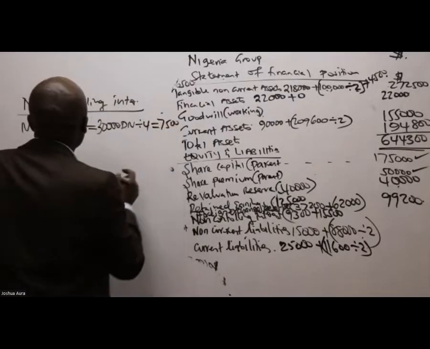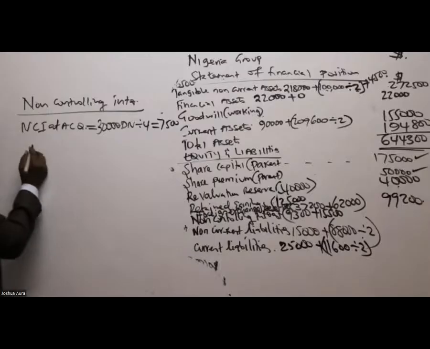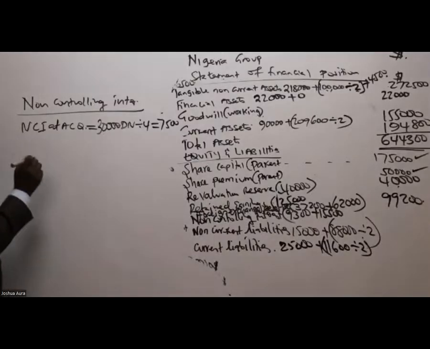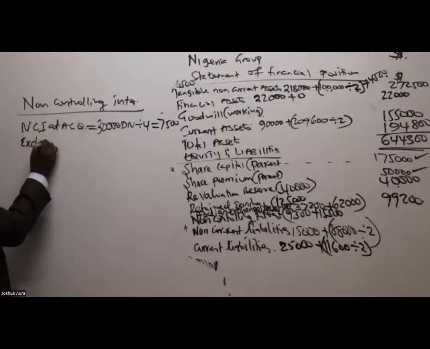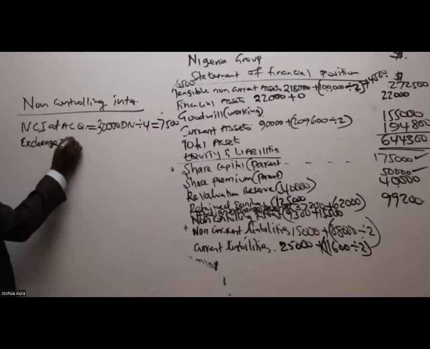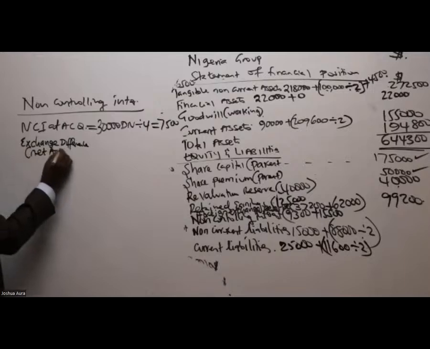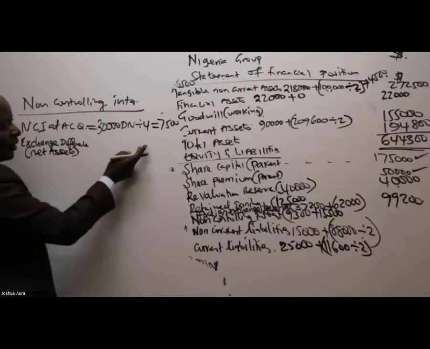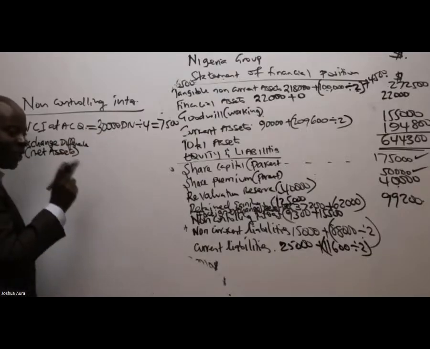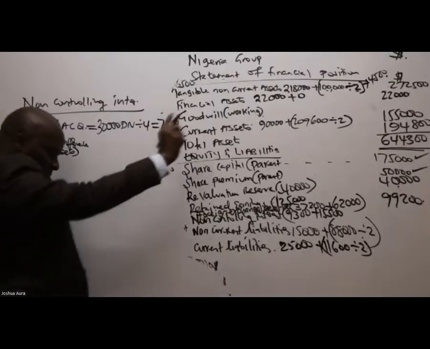Now in this case, we gave them something from the exchange difference as regards changes in net assets. When we had the group exchange difference, we apportioned it between the parent and NCI.